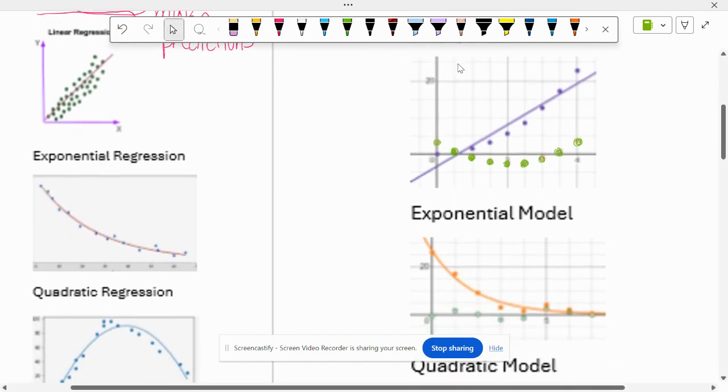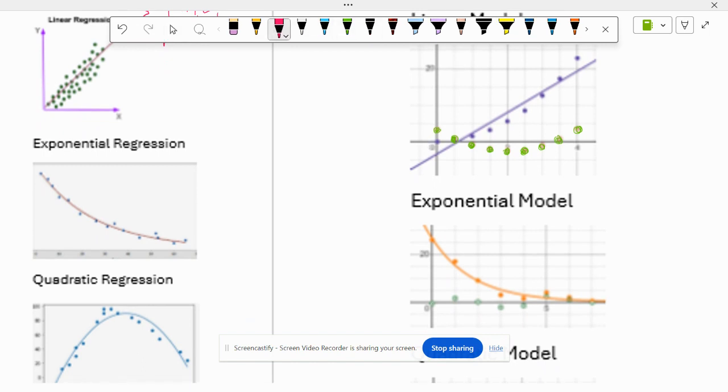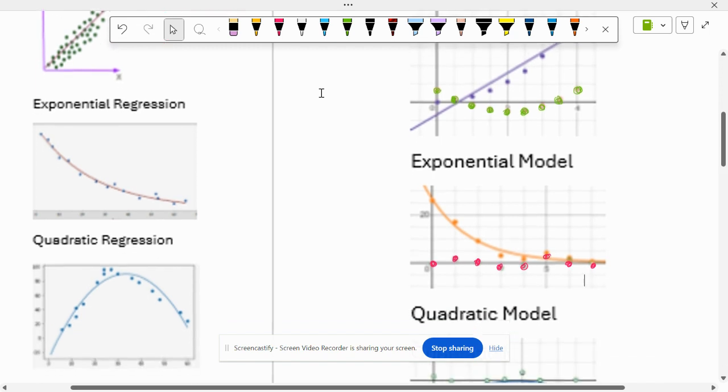So that's your linear. And then on your exponential model, your residuals are right down here. They're kind of a green color. I'm coloring them in red so you can see them. I just want you to change one of the colors so you know which ones are your residuals.